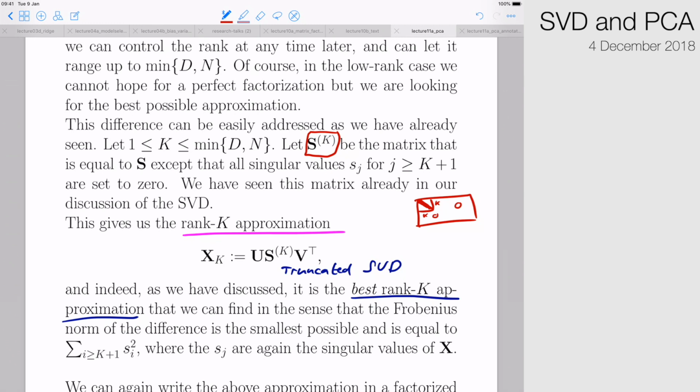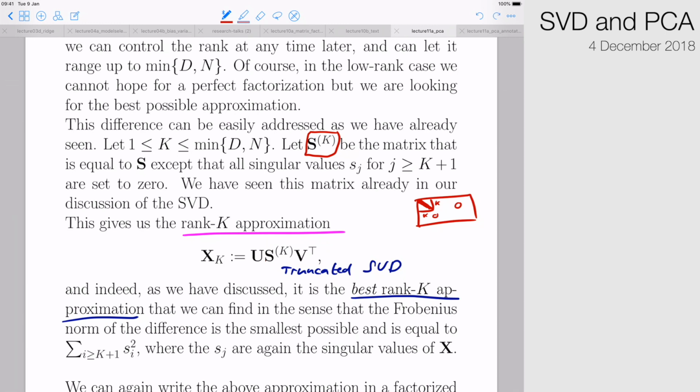That's also quite clear, because S only has K non-zero elements, therefore only K non-zero columns. So if you multiply it with V, you will have a rank K matrix. If you multiply with U, you still have a rank K matrix.